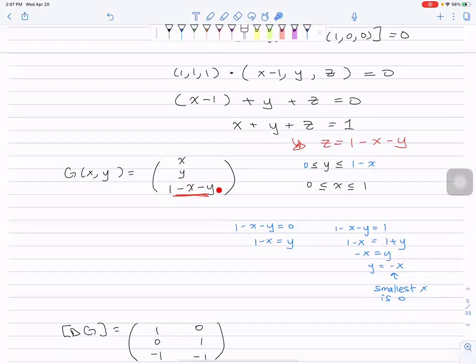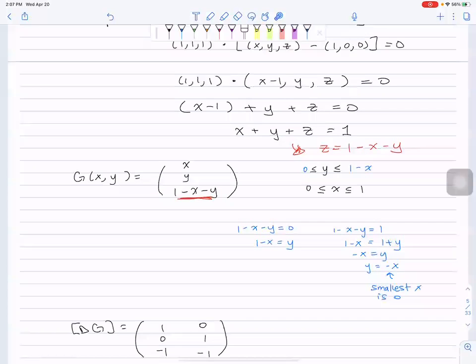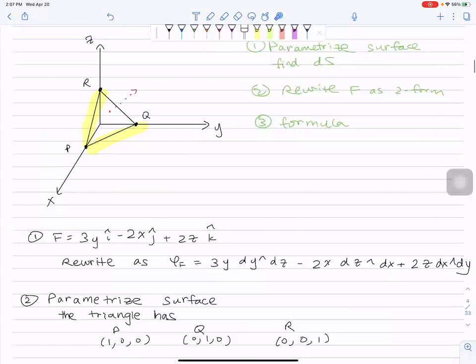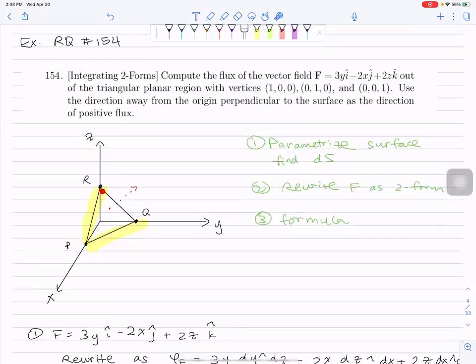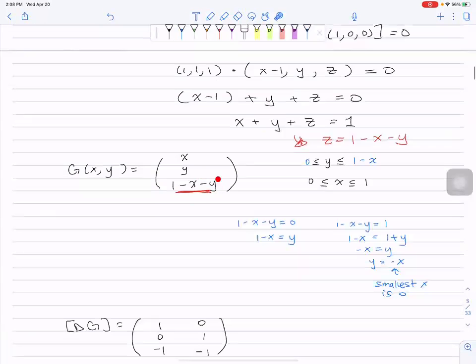You get that the z term is -1, but we were told that z can only be between 0 and 1. Everything here is between 0 and 1. So we need this last coordinate to be between 0 and 1 also. So I set the last coordinate equal to 0 and simplify to get y equals 1 minus x, and that ends up being our upper bound. Then I also set this last coordinate equal to 1, and I simplify to get y equals -x.